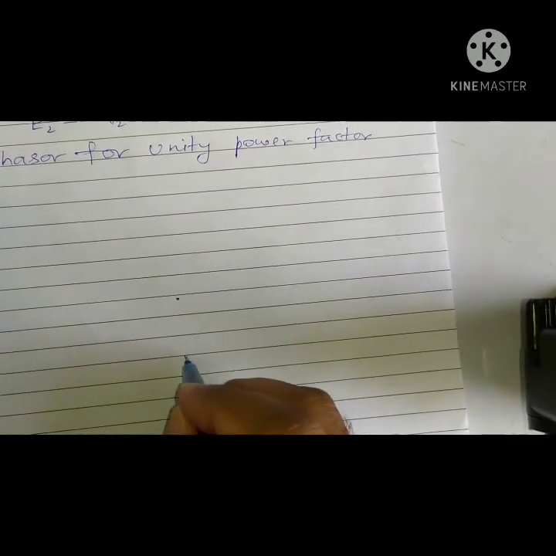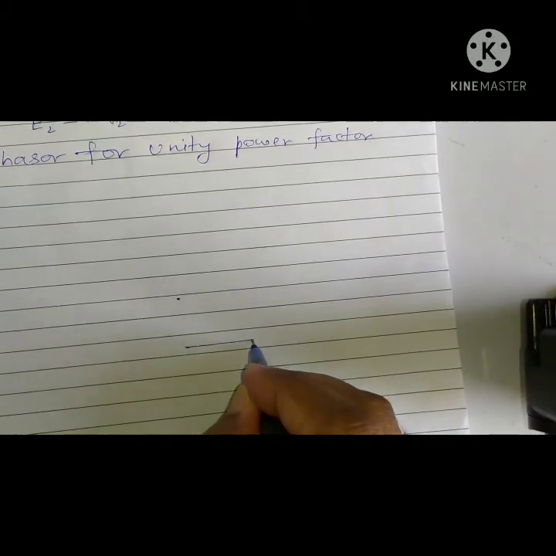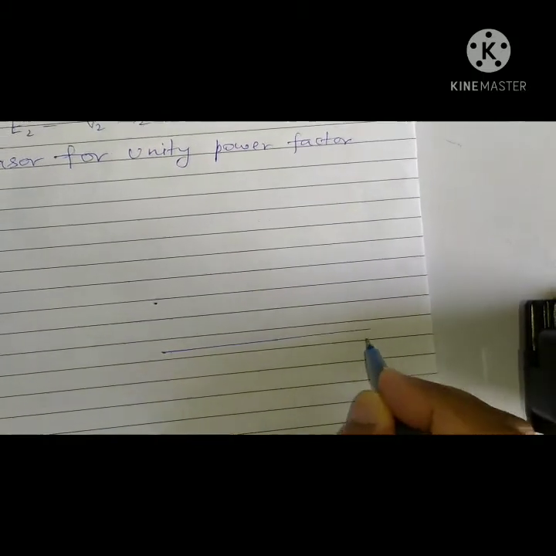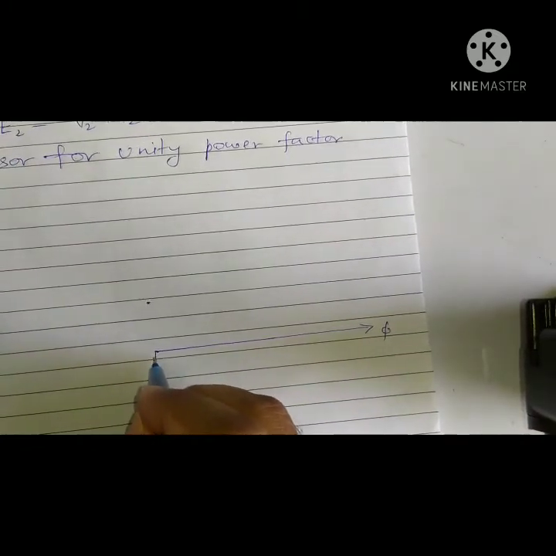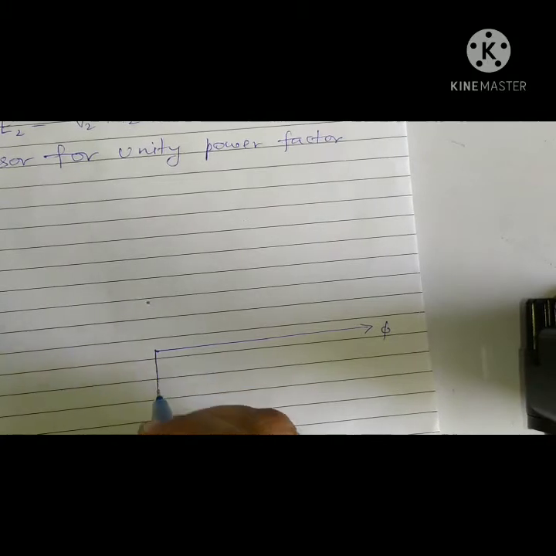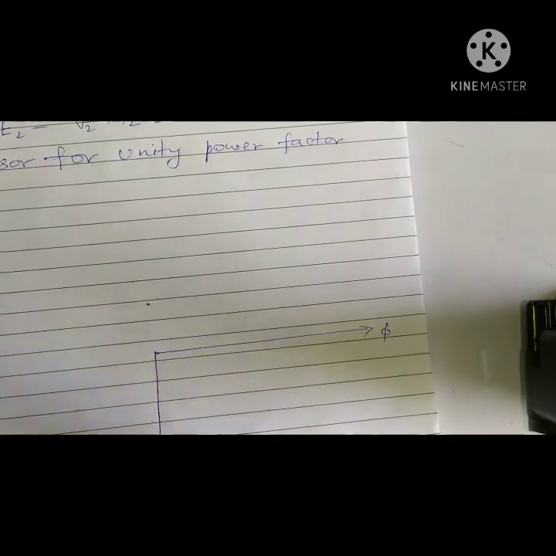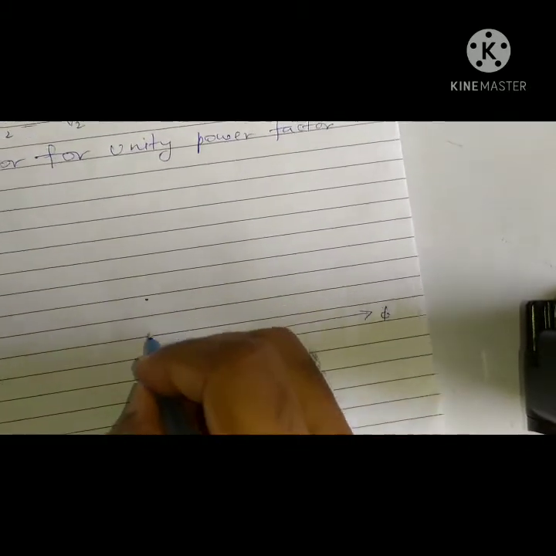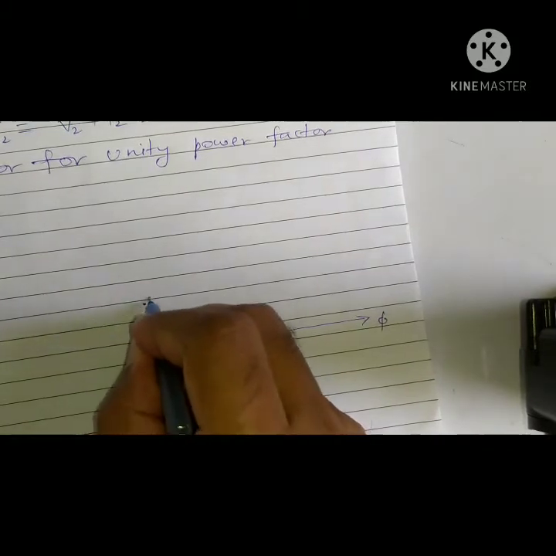So here we have phi. We know by the old convention the induced EMF will lag this flux. So this is the locus of E1 and E2, and this will be the locus for minus E1.